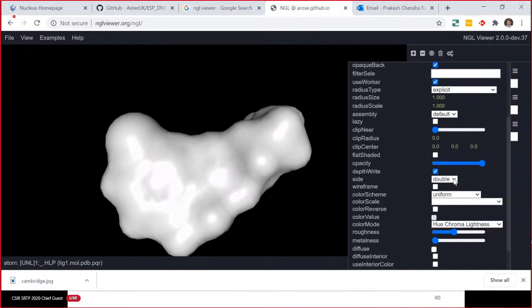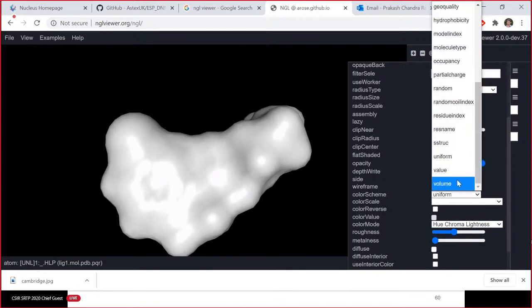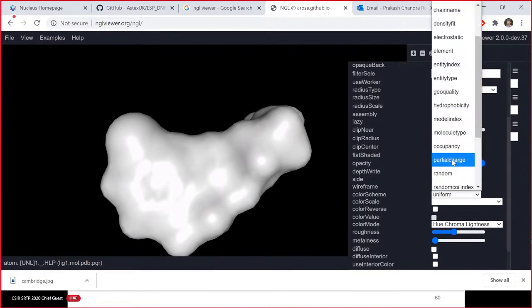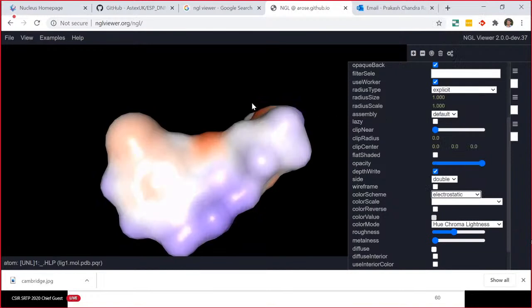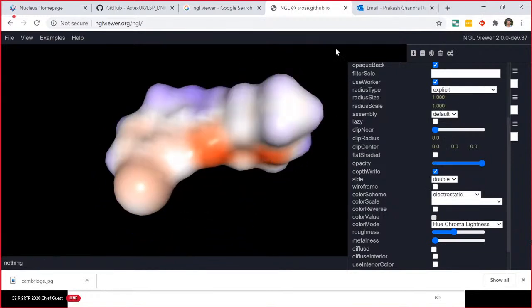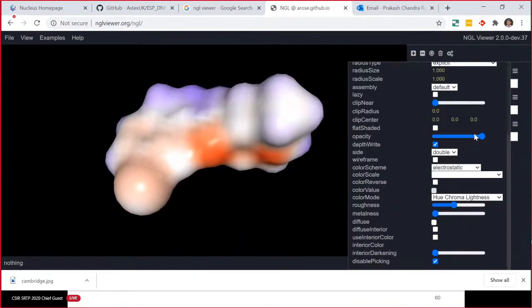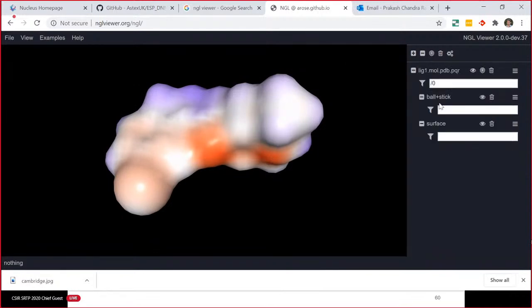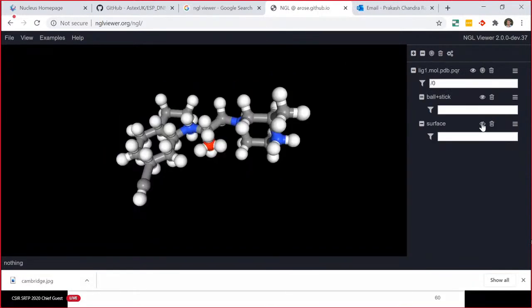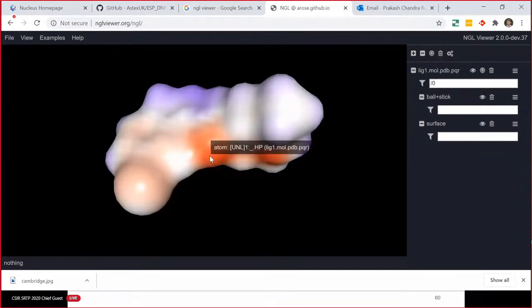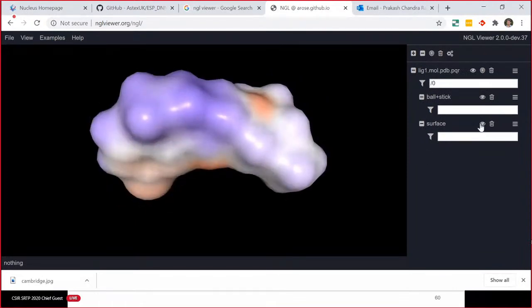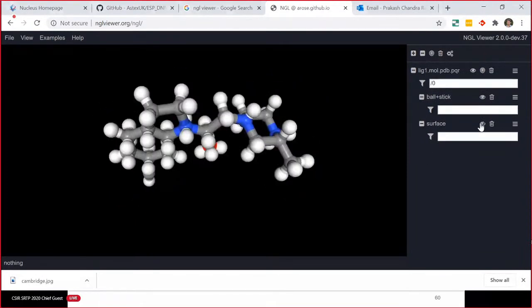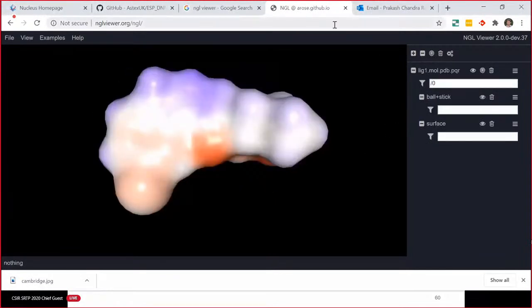And then you can say the color scheme can be electrostatic, I guess. Yes, electrostatic. So now you can see which part of the molecule is electronegative and which part of the molecule is electropositive and so on. So you can use this tool as well, it's free.